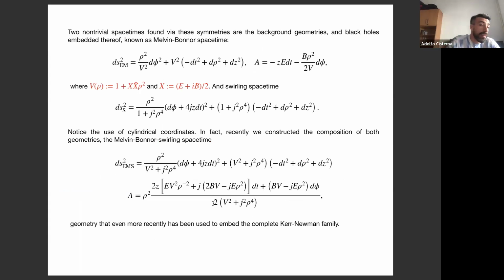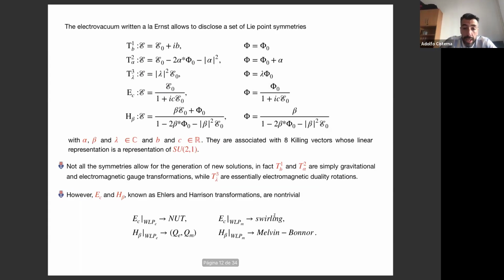Well, the most non-trivial ones you can get from here are Swirling and Melvin. Melvin was found initially in the 60s or the 70s by these two people, by Bonner first and then by Melvin. And at least at the level of background, this means I have Minkowski, and I transform Minkowski into a sort of electromagnetic capacitor somehow all over the spacetime.